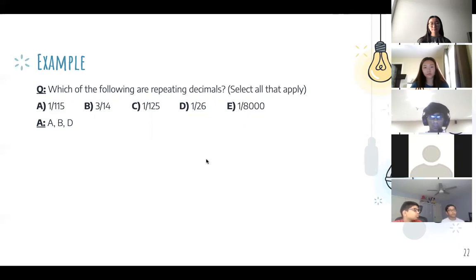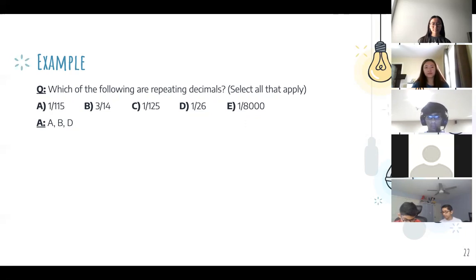So for example, 115 is divisible by another prime, which is 23. Okay, and then B is divisible by 7, which is a prime that is not 2 or 5.